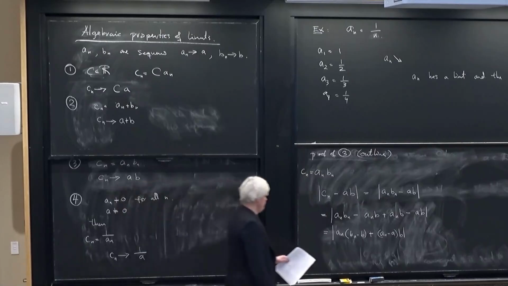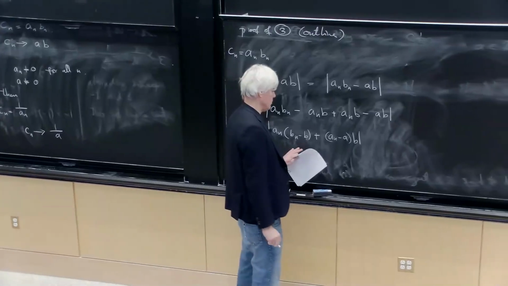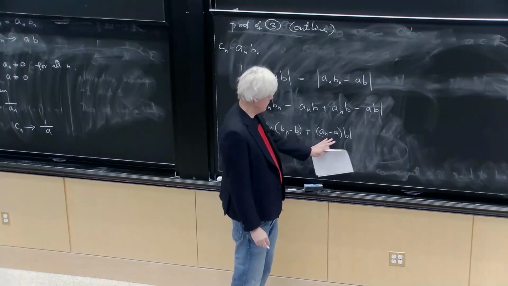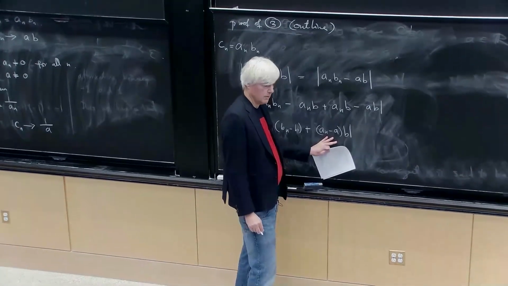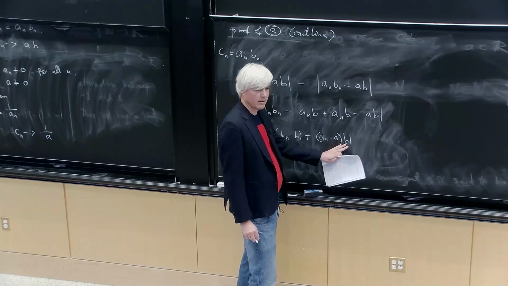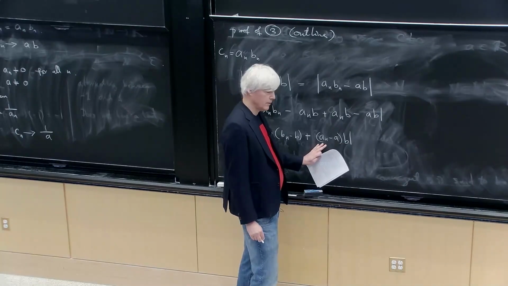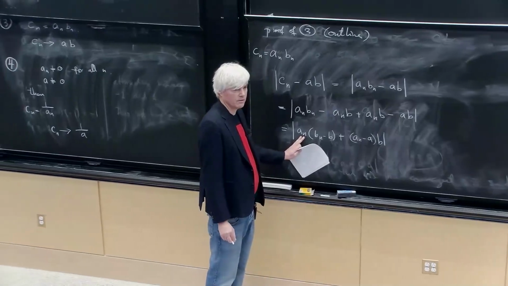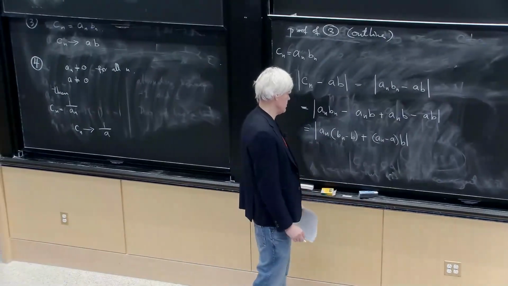Now it looks much more promising. This one looked like the problematic one. This one looks like no problem at all, because it is just some fixed constant times this difference here. This one looks a little more problematic because it's not a fixed constant, but we'll deal with this in just a second.